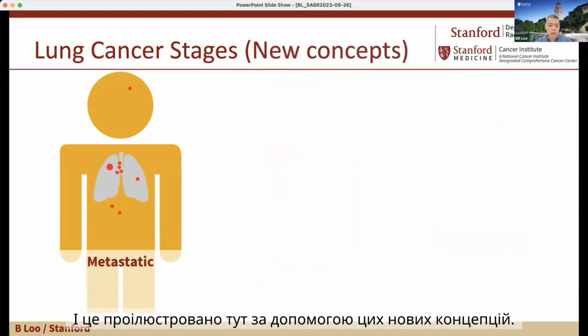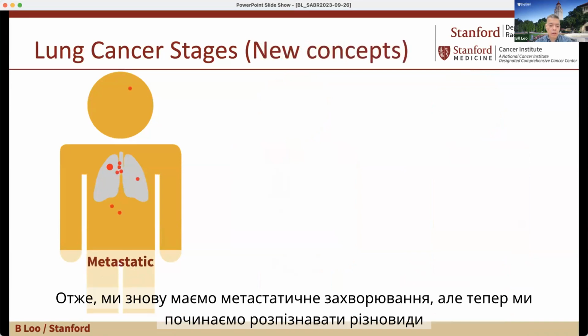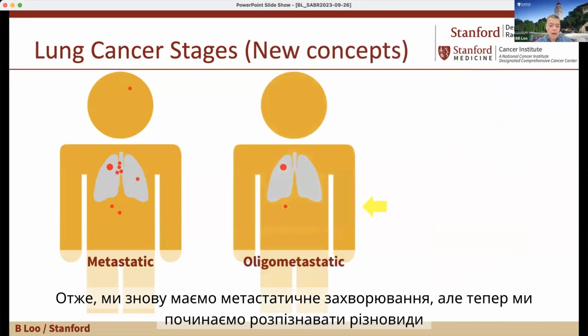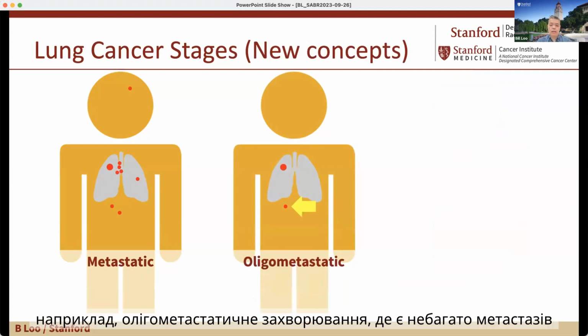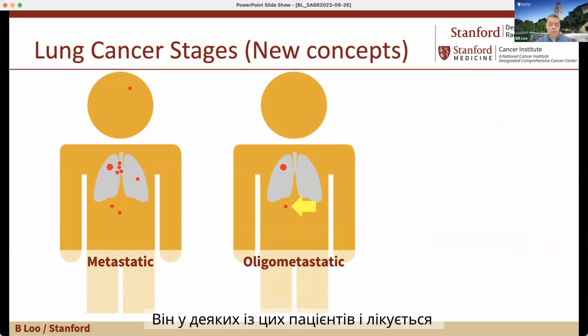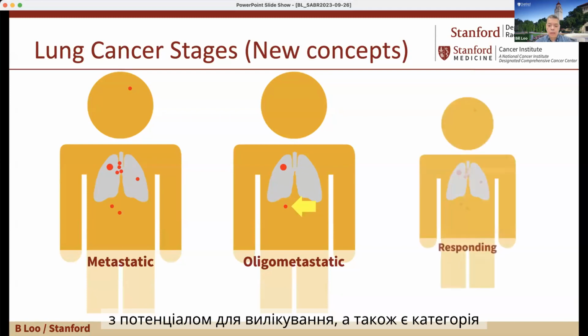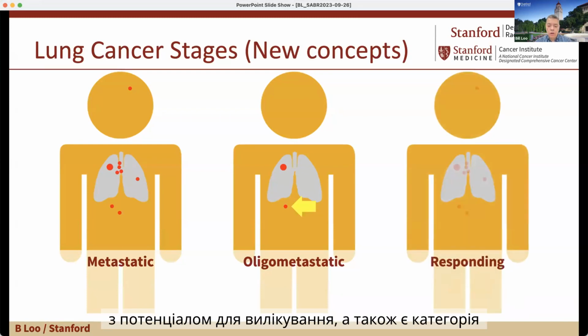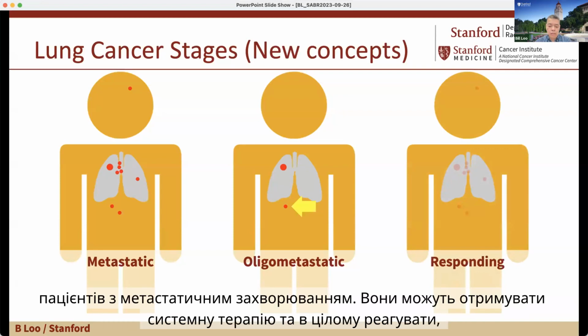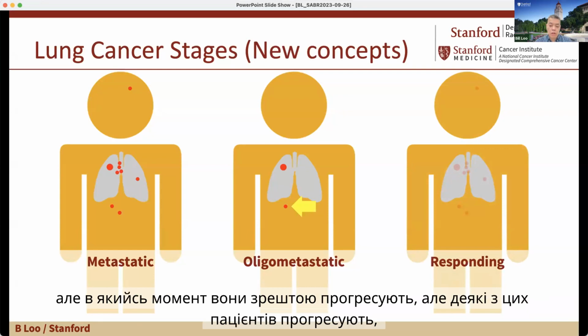And that's illustrated here with these newer concepts. So again, we have metastatic disease, but now we're starting to recognize entities such as oligometastatic disease, where there's a small burden of metastases, and some of these patients can be treated with the potential for cure. And then there's also the concept of patients with metastatic disease. They may be getting systemic therapy and responding overall, but at some point they eventually progress.